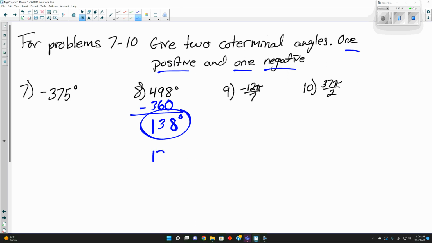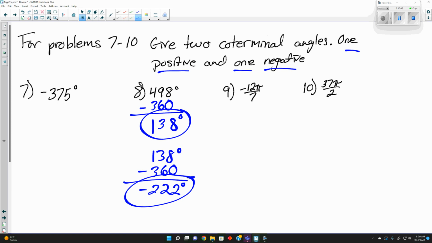So what we can do is take that angle and subtract it again. 222. I believe that should give us negative 222 degrees. Well, now we have one positive and one negative, and that'd be it.